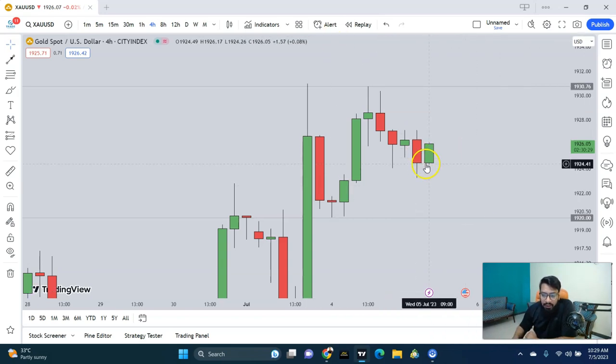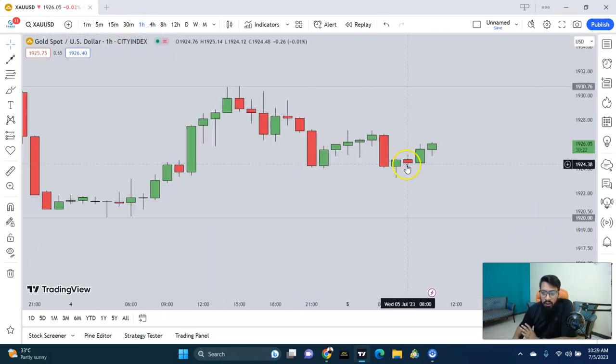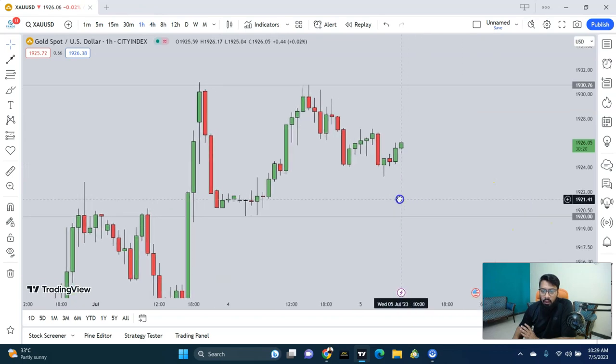So right now I can see that this is a bit tricky on the 4 hours. I will move on to the 1 hour chart, and on the 1 hour chart, this is the recent support. Okay, we can say this is the support and here is the resistance.